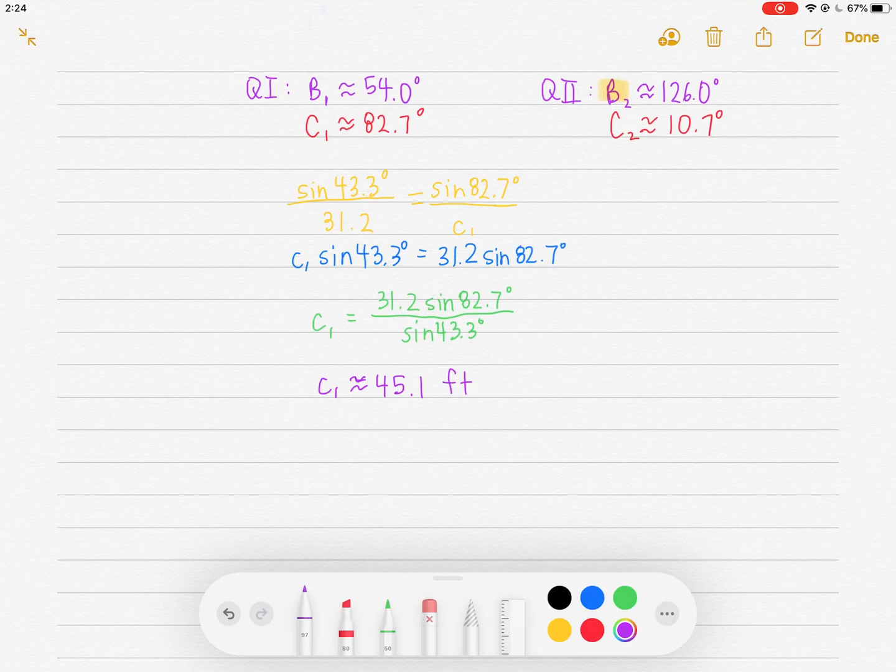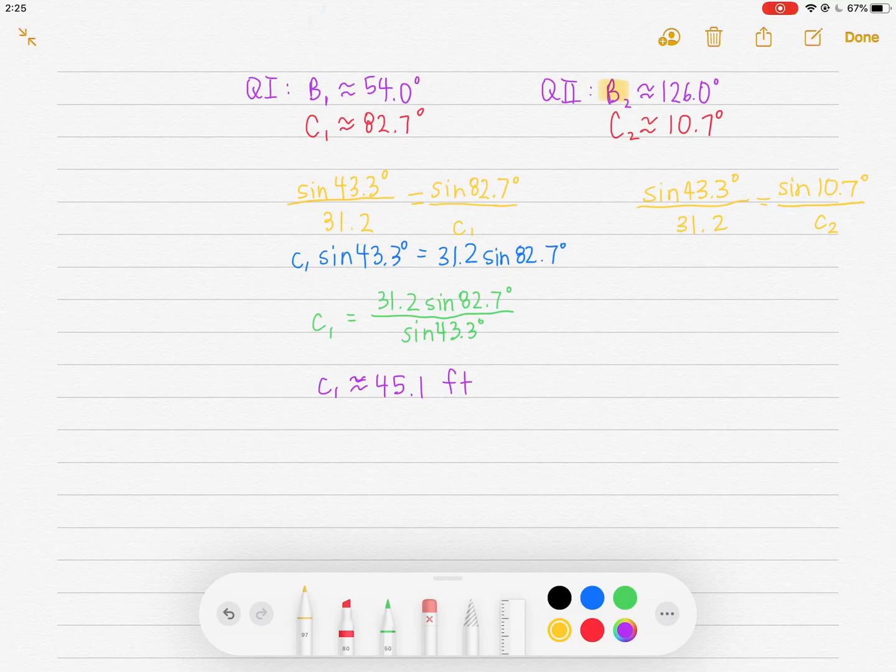And our second triangle that so far hasn't violated being a triangle at all, we're going to use sine of our big A again, 43.3 degrees divided by 31.2 equal to, this time, sine of big C2, which is 10.7 degrees divided by little c2.